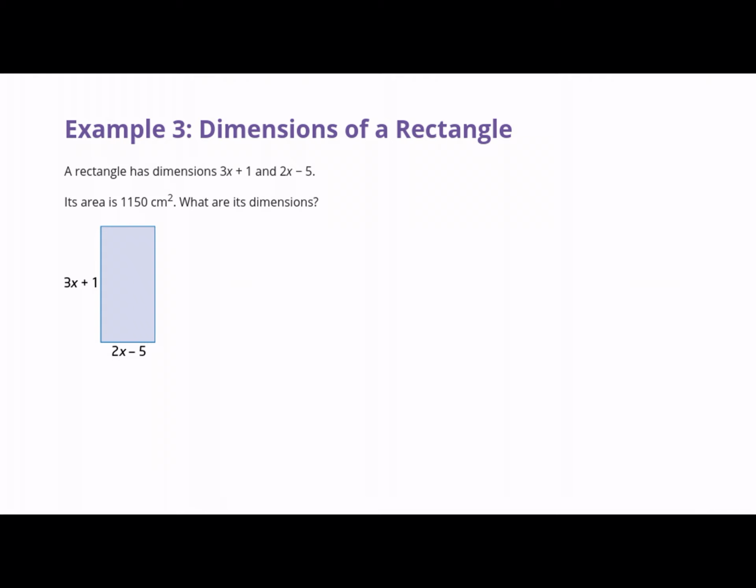So area of a rectangle. Area equals length times width. We should know this one. And if it equals 1150, we are going to fill in our length and our width.